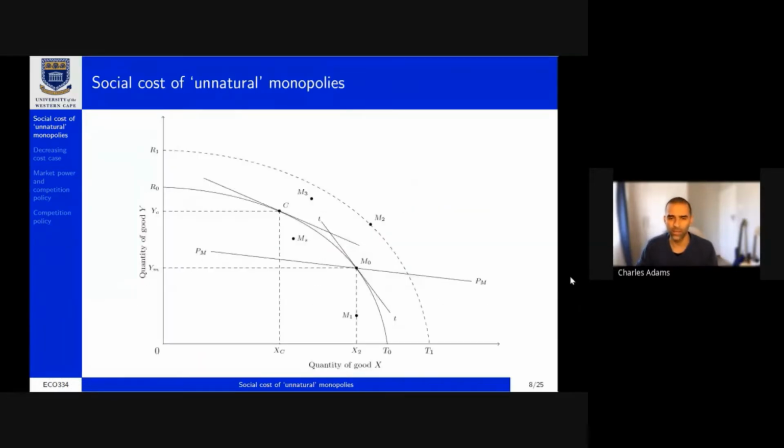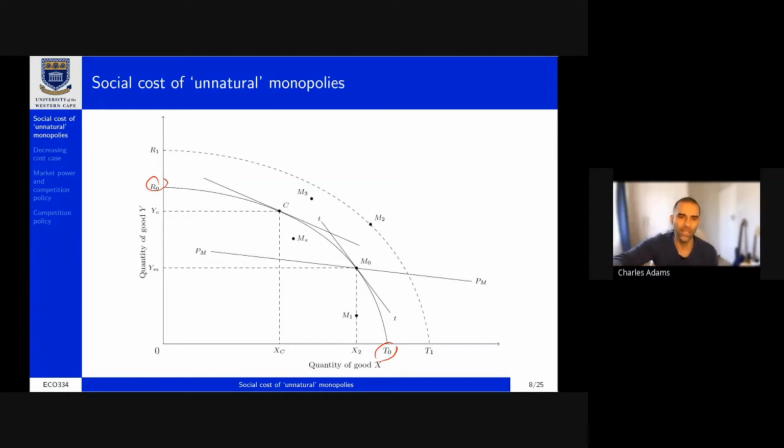So this idea that the MRPT no longer equals the ratio of the respective prices of the two goods X and Y is shown on this graph here. So here you have a production possibilities frontier given by the curve ROTO.